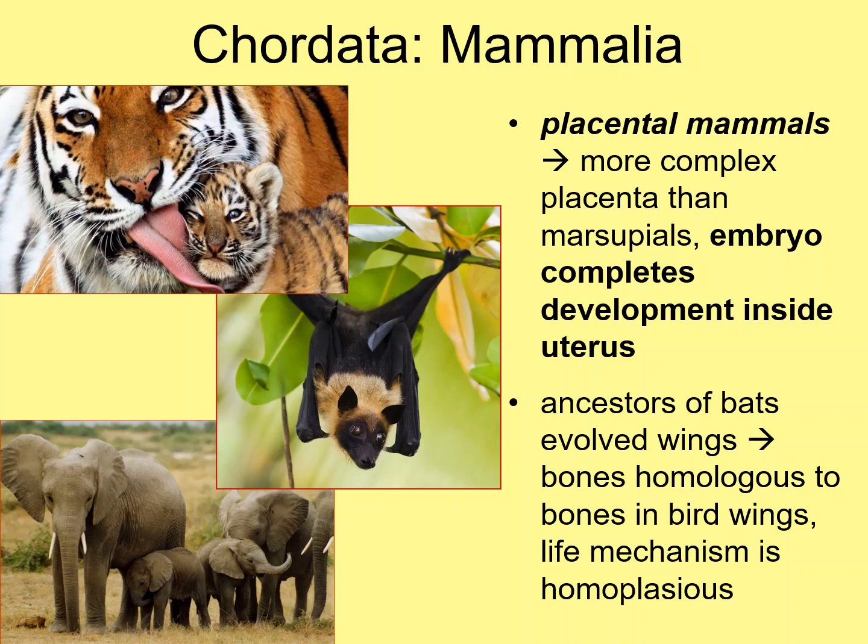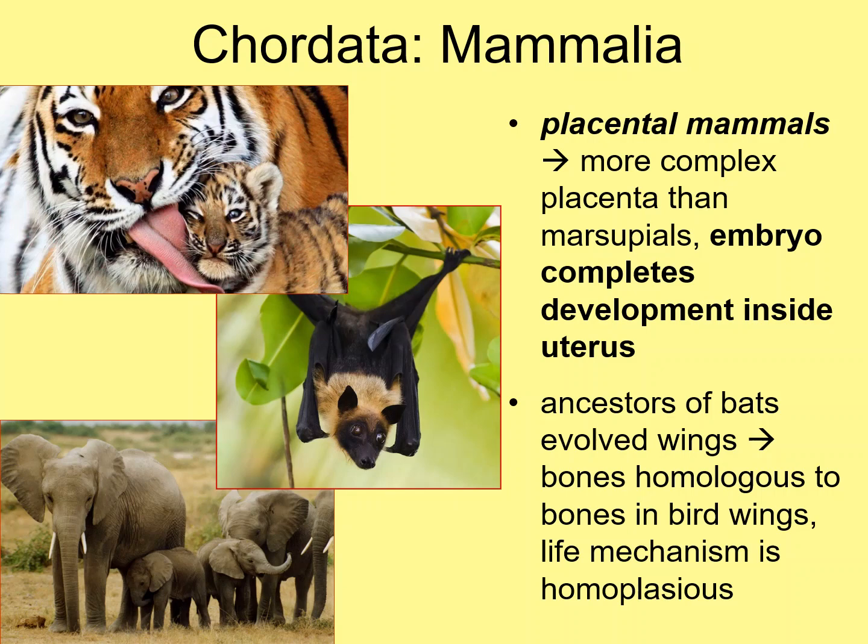I can't stand it. So I know I mentioned this earlier when we were talking about convergent evolution and the difference between homologous and homoplasious traits. So we have flight, which has evolved independently at least 4 different times. We had pterosaurs, which are flying lizards that are extinct.